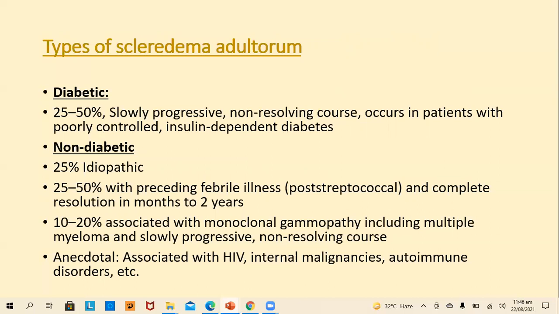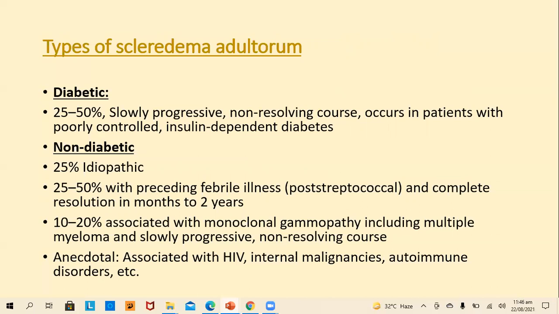It is a slowly progressive disease with non-resolving course and occurs in patients with poorly controlled diabetes and insulin-dependent diabetes, while diabetic control improves the outcome.